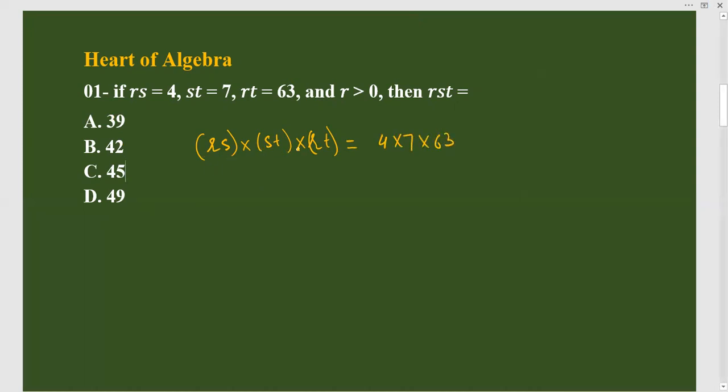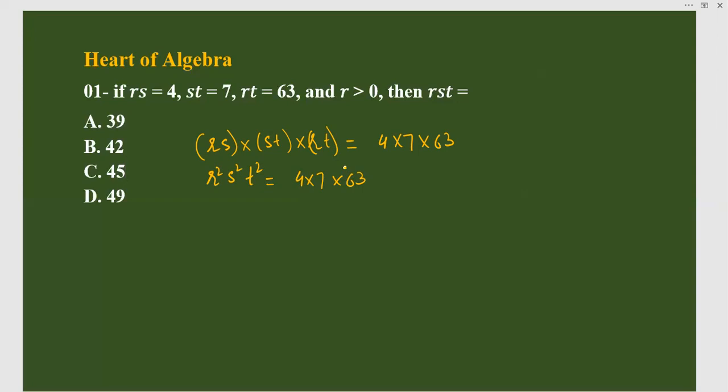Over there we have two r's, so there will be r square, s square, and t square. So this will be 4 into 7 into 63. This is actually not a calculator-based question, this was a non-calculator question.